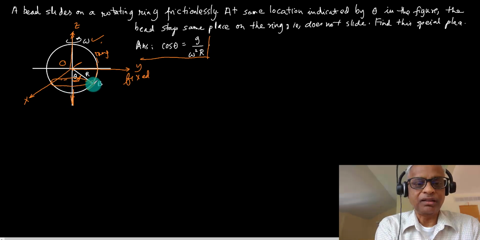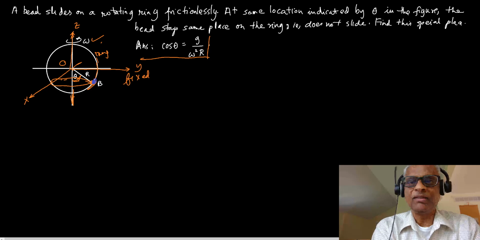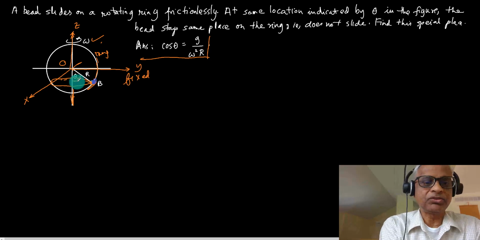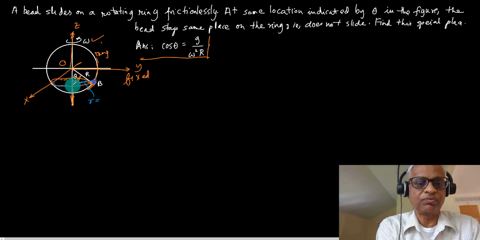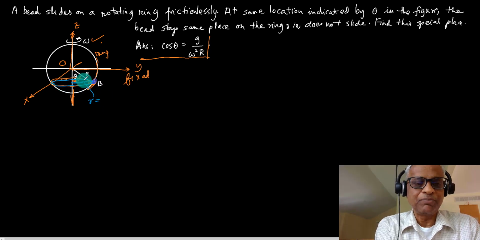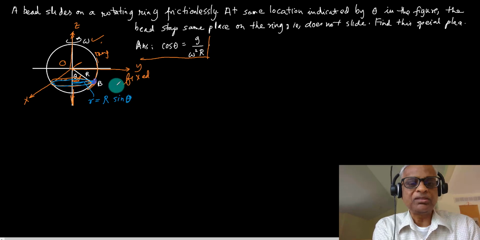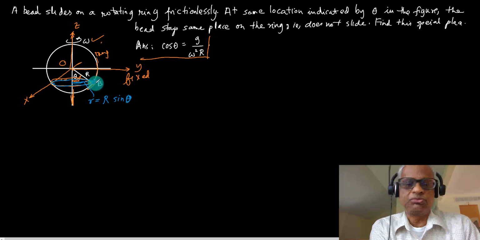The bead itself is going in this circle, and the radius of this circle in which the bead is going is r sine theta. So we can write out circular motion for the bead. I can completely forget about what the ring is doing.